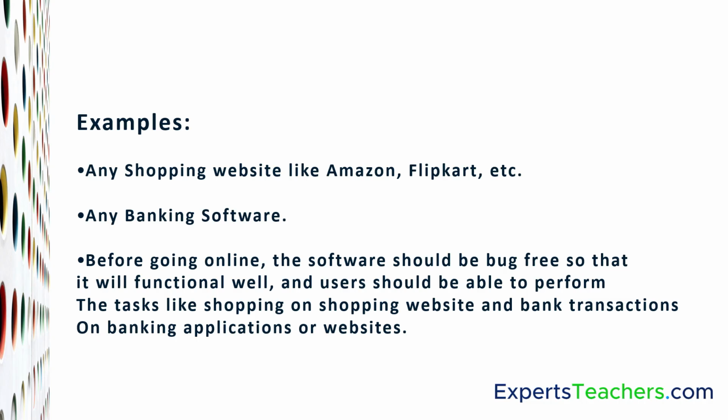The user should be able to search for a product he is looking for. He can then add it to the cart and place the order. He should be able to make the payment. So this is a scenario.